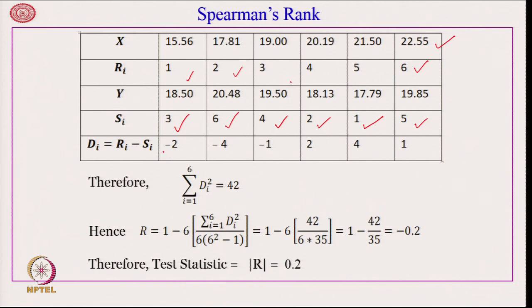Therefore, what do we get? Ri minus Si is equal to minus 2, minus 4, minus 1, 2, 4 and 1.